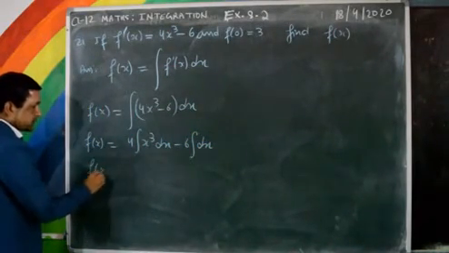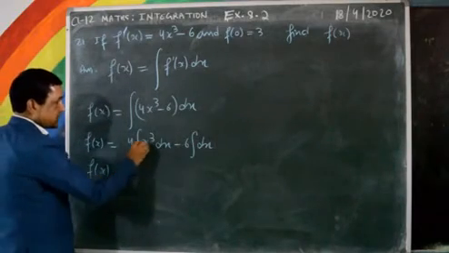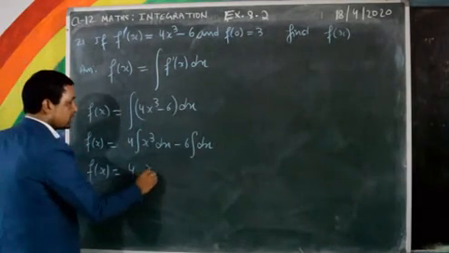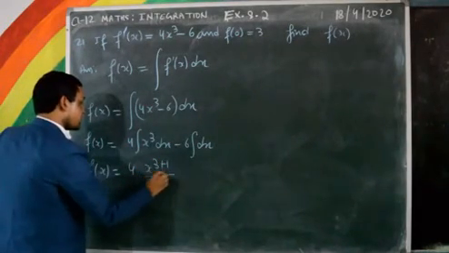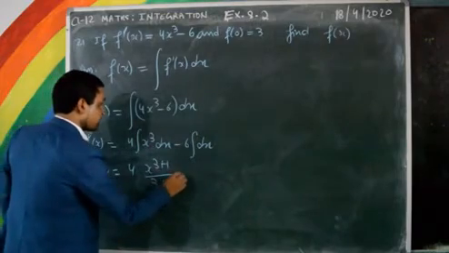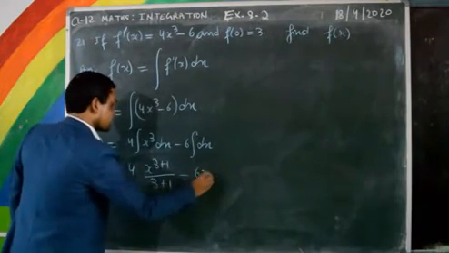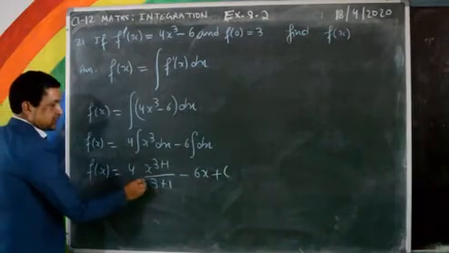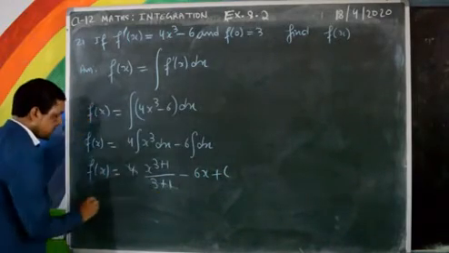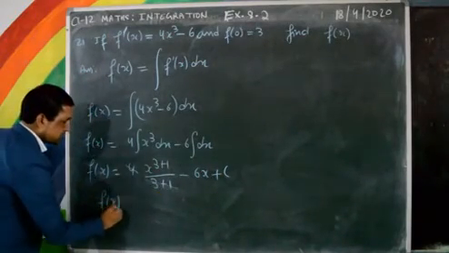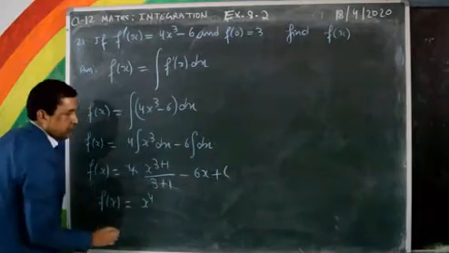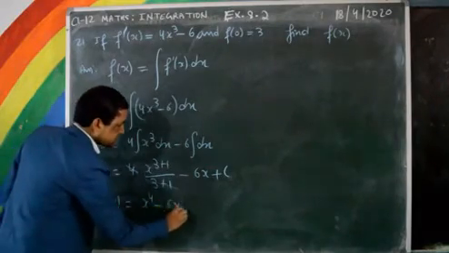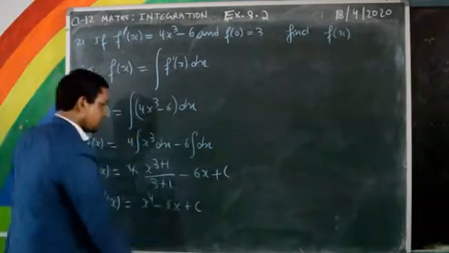Then according to power formula, 4 into x to the power 3 plus 1 divided by 3 plus 1, minus 6x plus c. Now this 3 plus 1 is 4 and 4 got cancelled. Then fx is equals to x to the power 4 minus 6x plus c.